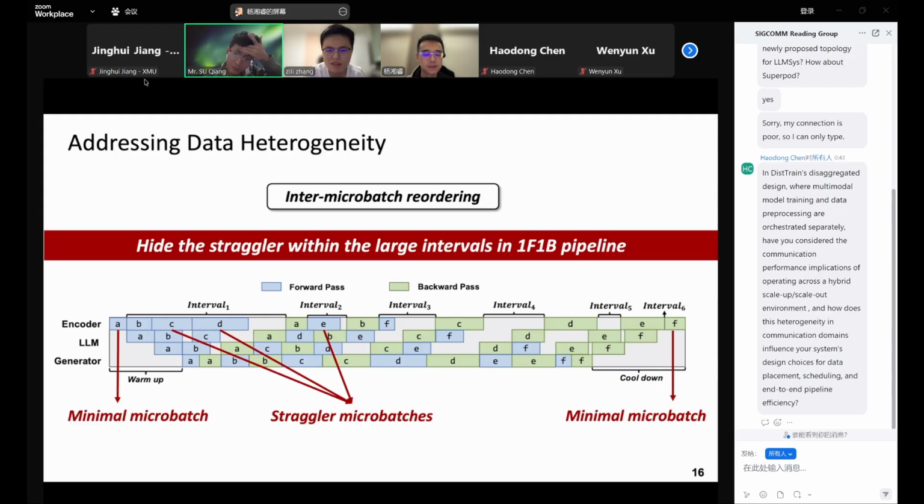Okay. I actually have another question. So here, we're talking a lot about the training step, right? So how about the fine tuning step? Will things be different if we conduct fine tuning upon multimodal large language models?